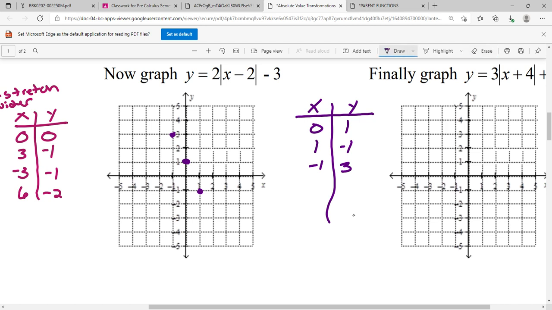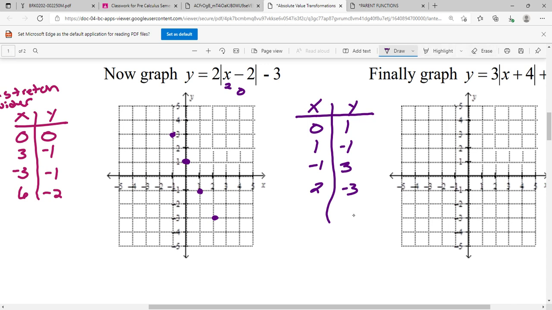All right, let's try 2. 2 minus 2 is 0. 0 times 2 is 0. 0 minus 3 is negative 3. So if x is 2, y is negative 3. Negative 2 will put us back up there somewhere.